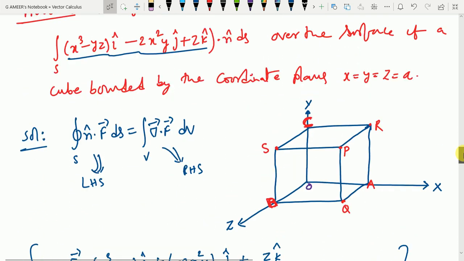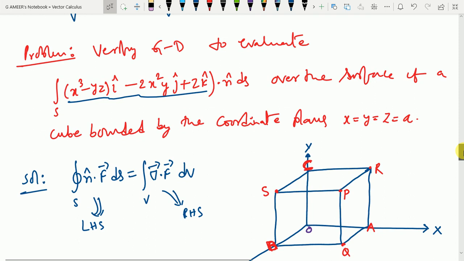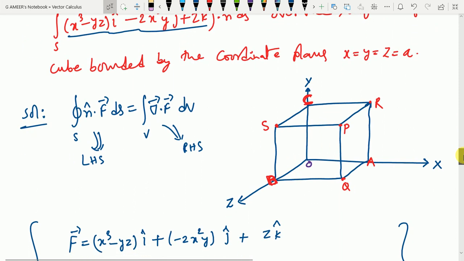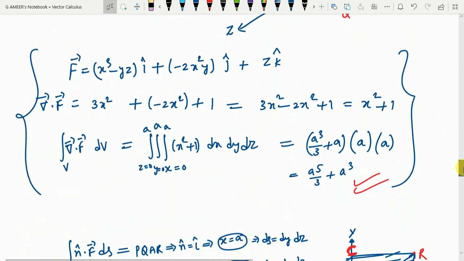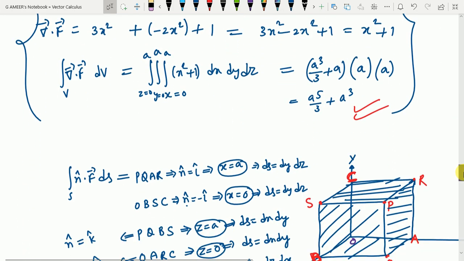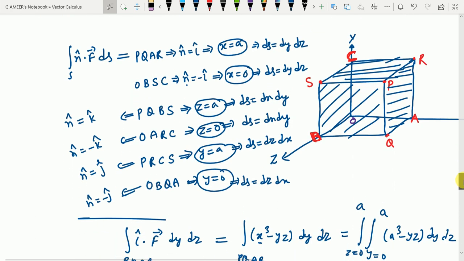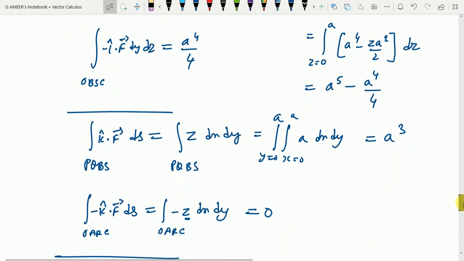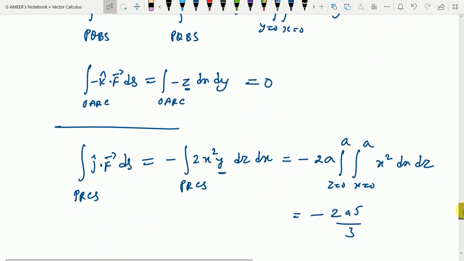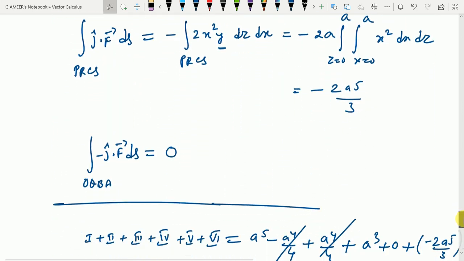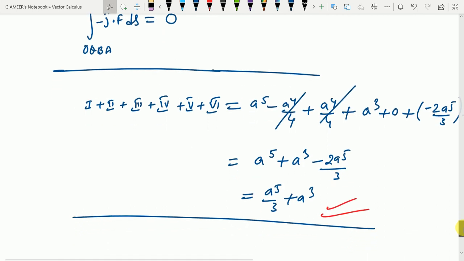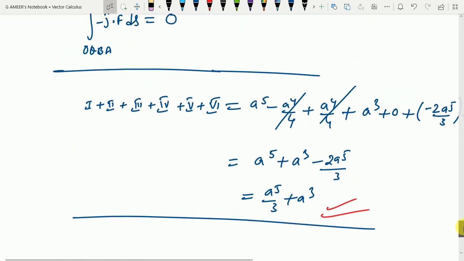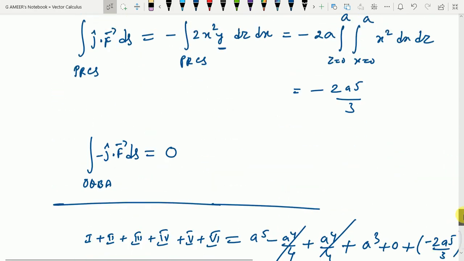That's why, whenever these problems come, for example in competitive examinations, it is better to use only the direct Gauss divergence theorem, only volume integration. It helps a lot instead of unnecessarily performing the entire surface integration. It takes a lot of time. But anyway, as you are practicing, it is better to try to solve every problem both ways, using the Gauss divergence theorem as well as the surface integration calculation, because you know very well what the surface integration calculation is also.